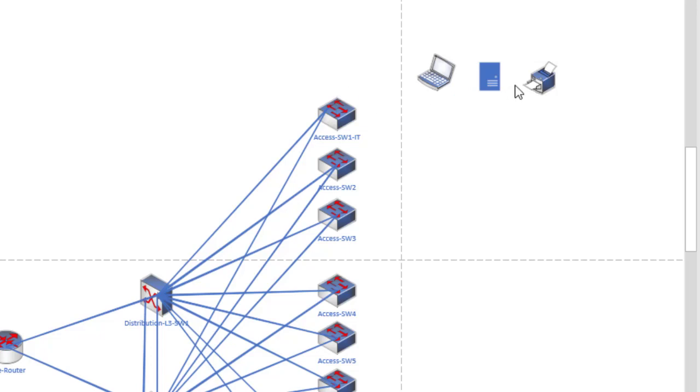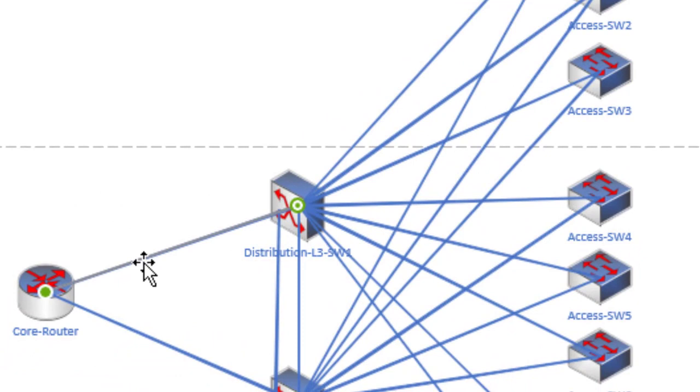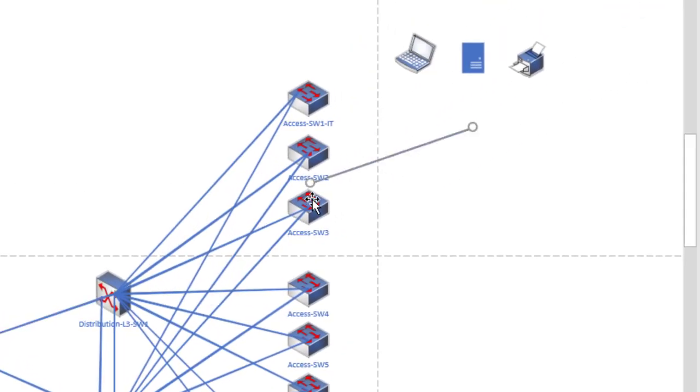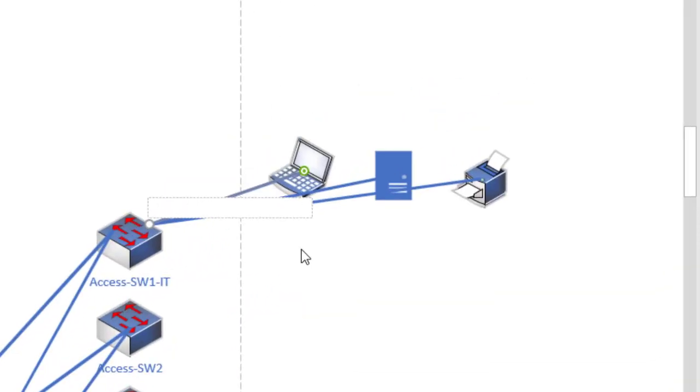Okay guys, so let's connect these devices. You can copy a link here without typing: copy, just come here and paste. So this one you take here, and the other one you take here, copy another one here, paste here, and let's name the devices. Okay, so this one is IT PC.